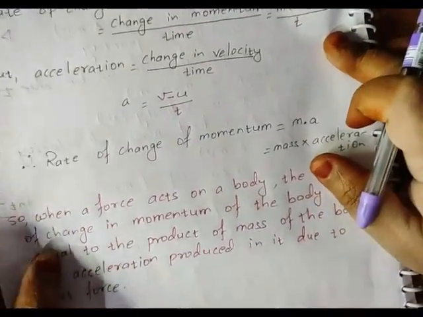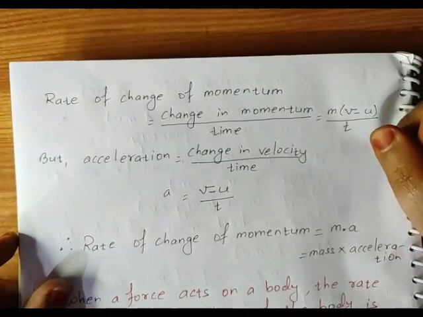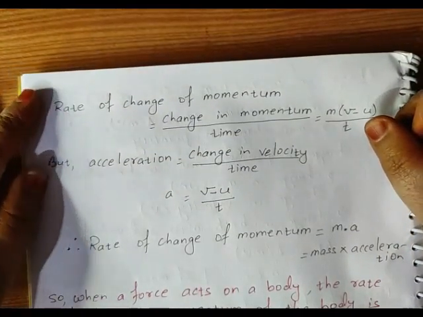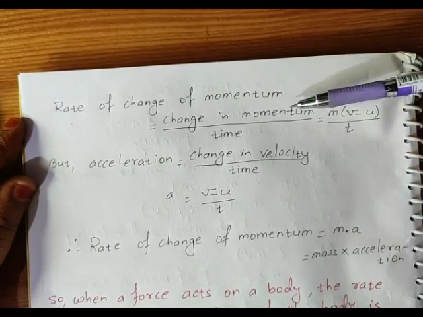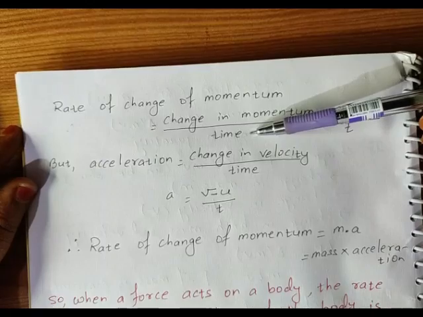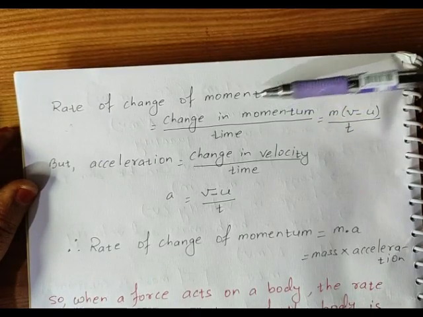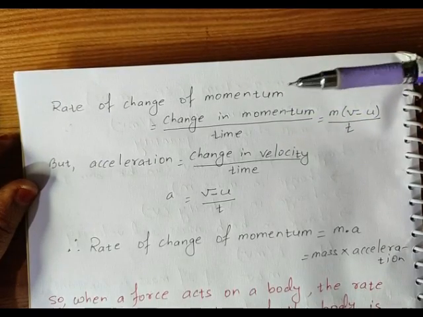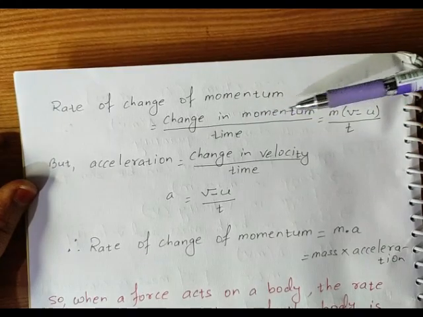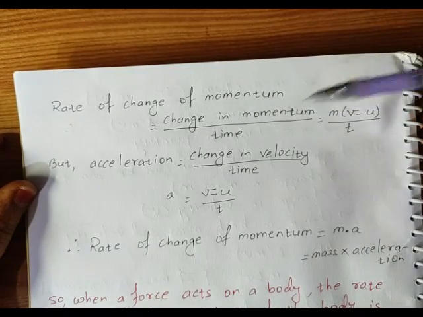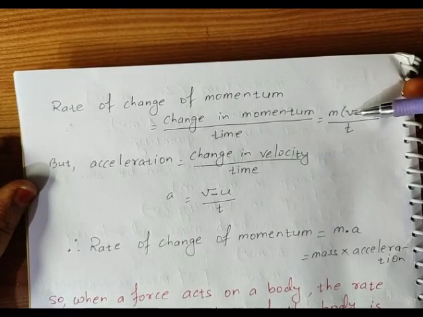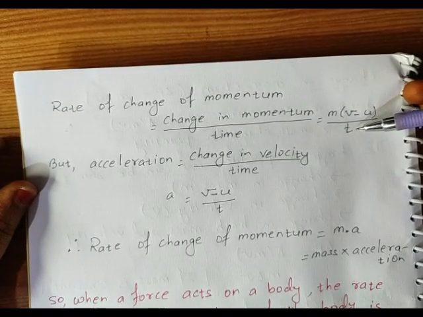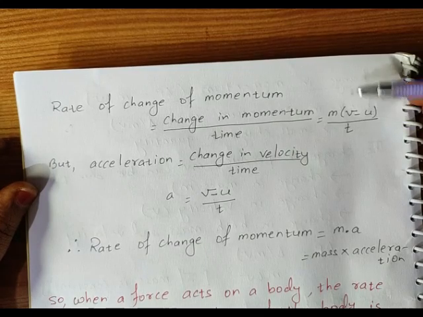So rate of change of momentum. Rate, how to find rate? Rate of change of momentum is equal to change in momentum by time. What is the change in momentum? Now only we calculated, m into (v minus u) by time t.